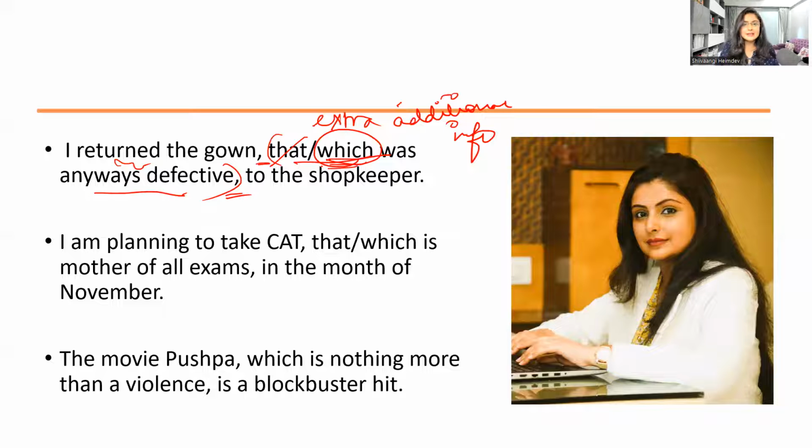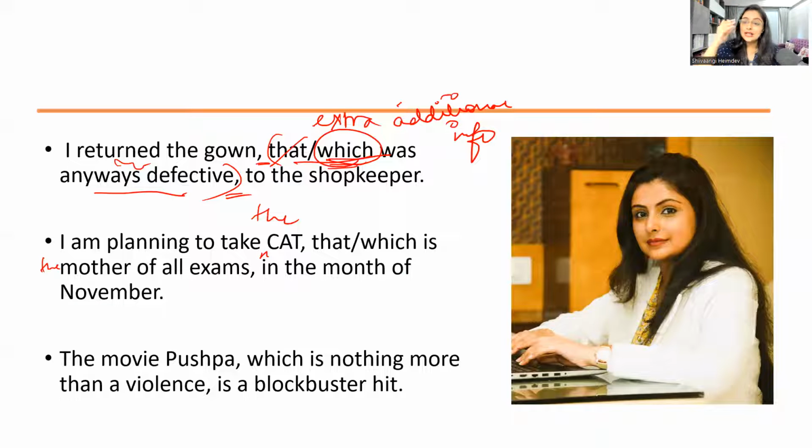Are we very clear, friends? Okay, let's move ahead. I'm planning to take the CAT, that slash which is the mother of all exams, in the month of November. Now, I'm planning to take the CAT in the month of November is a complete sentence in itself.